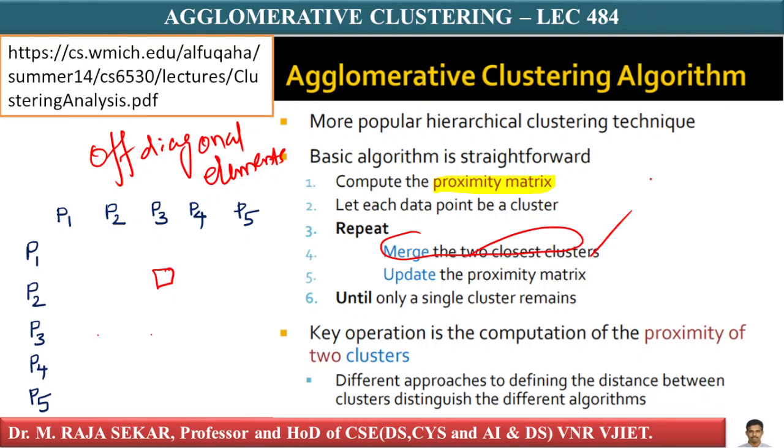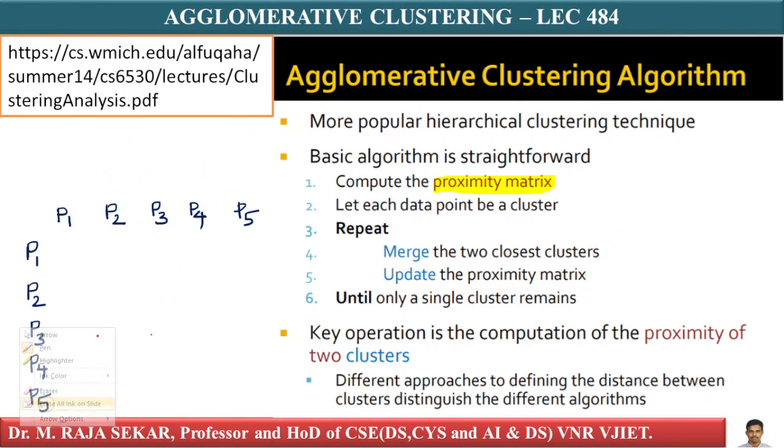Once you merge them into one cluster, now you update your proximity matrix. After merging, what do you have to do? You have to update the proximity matrix. Initially you have p1, p2, p3, p4, p5. After you merge p2 and p3, I am assuming the distance between p2 and p3 is small compared to all other values.